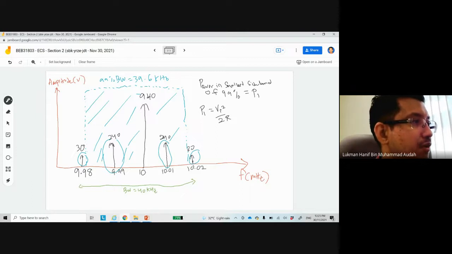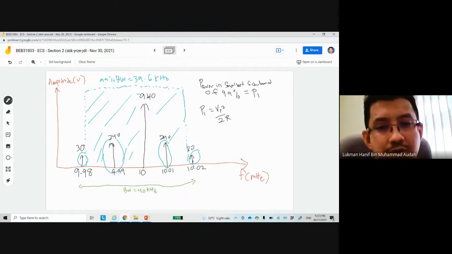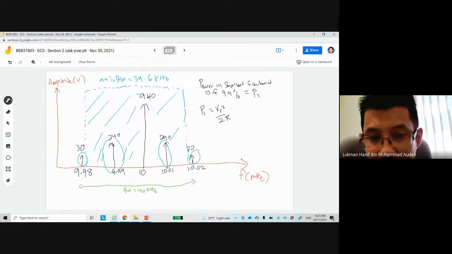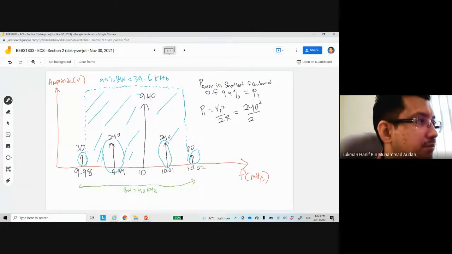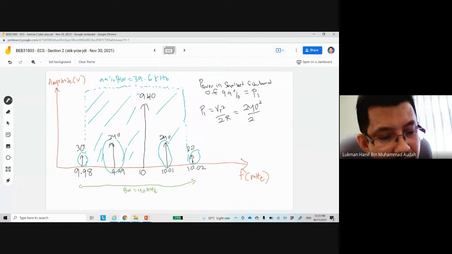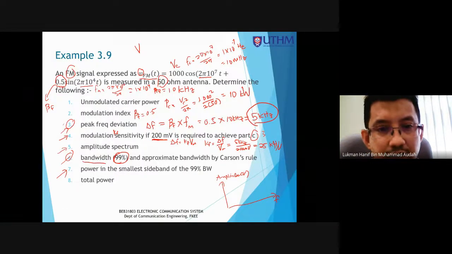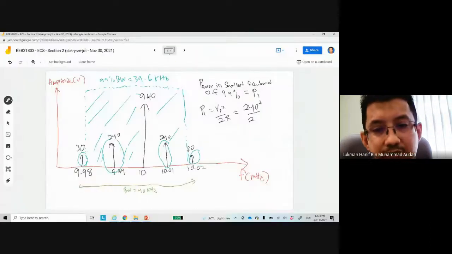Okay, V1 square over 2R. So kita sudah dapat nilai V1, which is 240. So this is actually 240 square, divided by 2 multiplied with R. How much is R? R is given as 50 ohm. R telah diberikan sebagai 50 ohm.